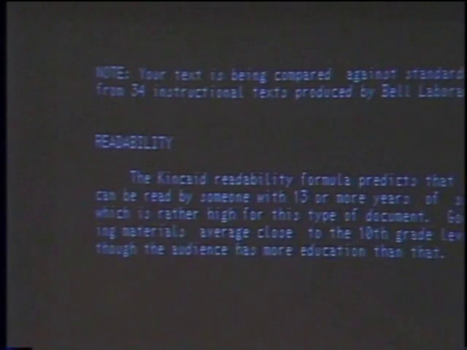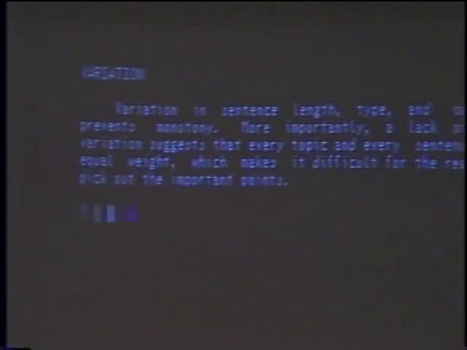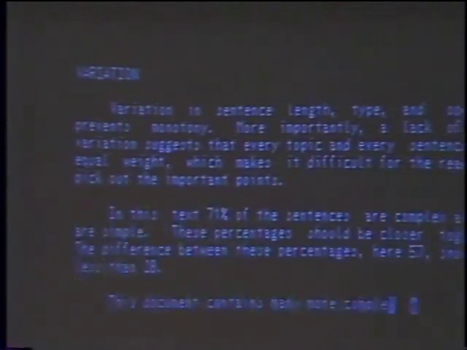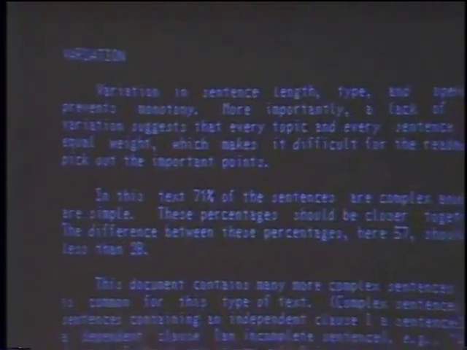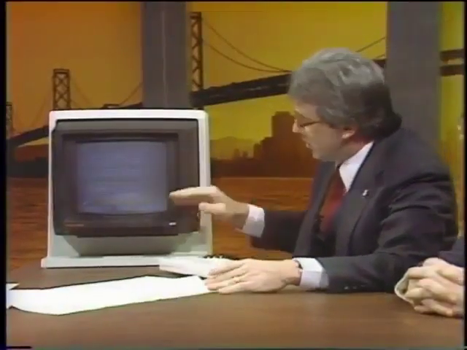For example, here it said that this text, in accordance with a Kincaid readability, was written for 13th grade education level for comprehension. And if you go a little bit further down here, it says for instructional text, it should be written at a 10th grade level so that it's better understood. They go on to then make many recommendations, and I do have, just to show you, there's a fair amount of text that comes back to the writer to enable them to go through and determine how to structure that according to that scale.